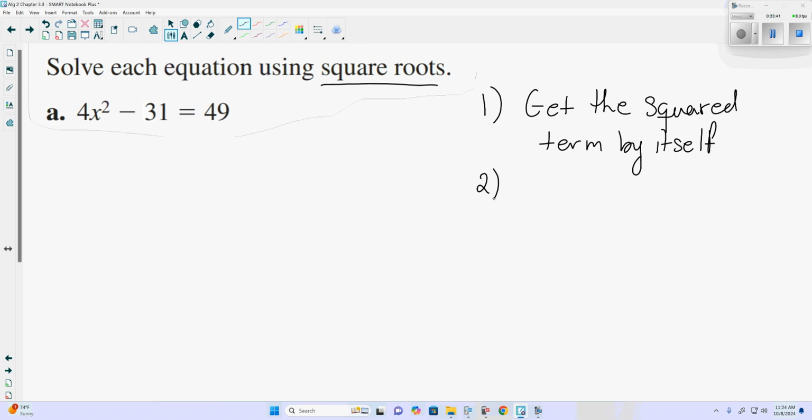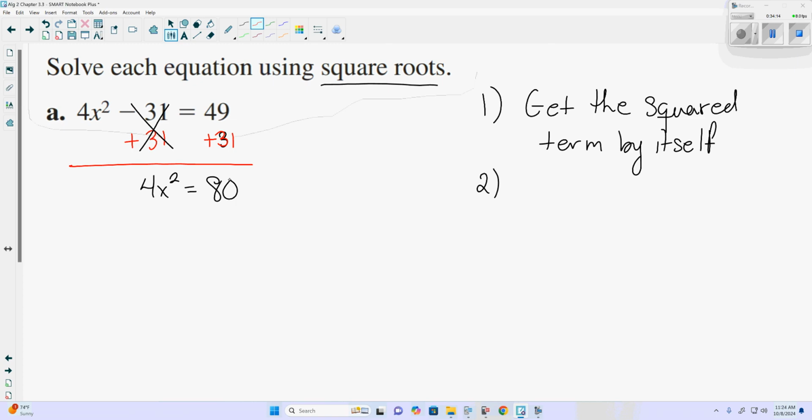So if we want to get that squared term by itself, the first thing we have to move is the negative 31. And we can do that by adding 31 to both sides. Because negative 31 plus 31 is 0, leaving us with 4x squared is equal to 80.